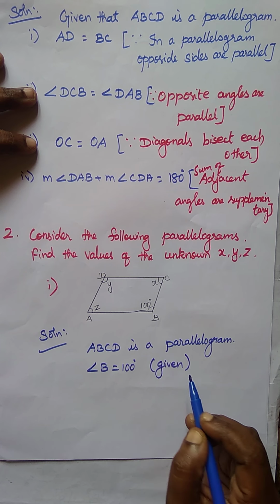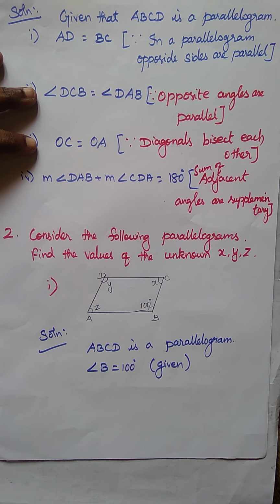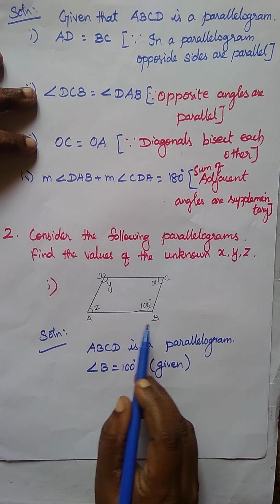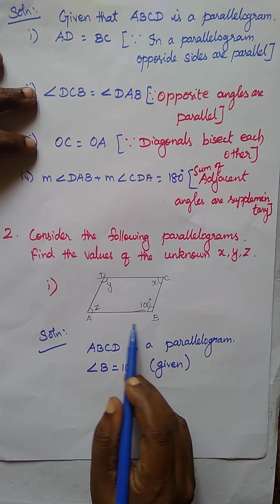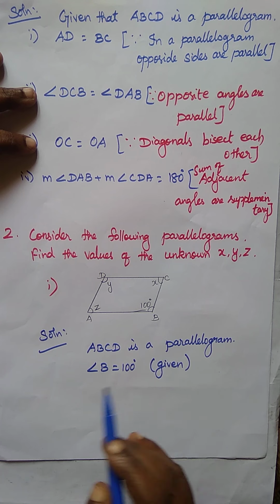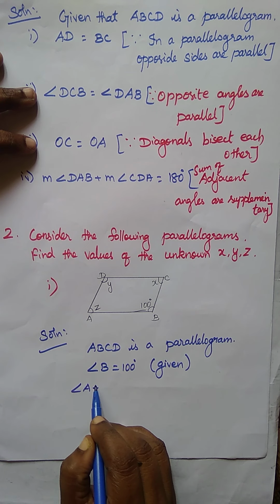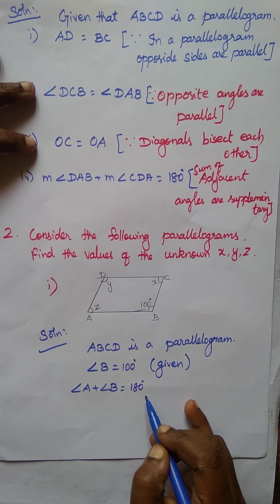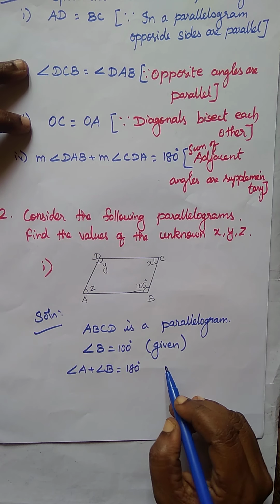Now we find the remaining angles. A and B are adjacent angles, and adjacent angles are supplementary. We write angle A plus angle B is equal to 180 degrees.